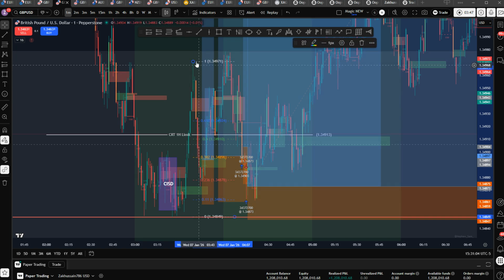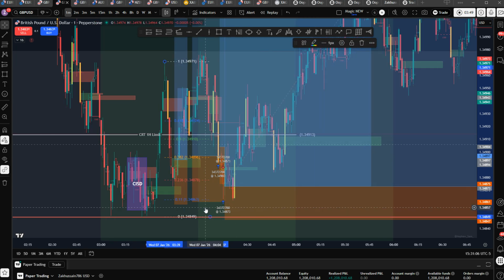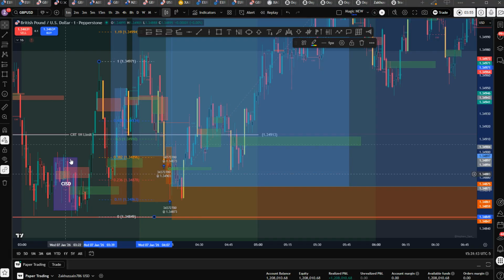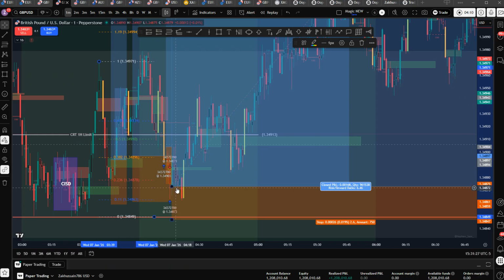Then 0 is of course here, and usually we look for a retracement going all the way down to 0.38. In this case, a little bit further down, because we're looking ideally for the mid-level of the CISD to be traced back to, and then trading off that particular level.